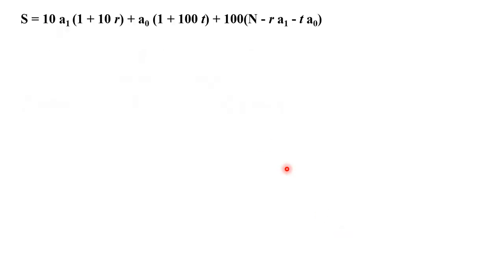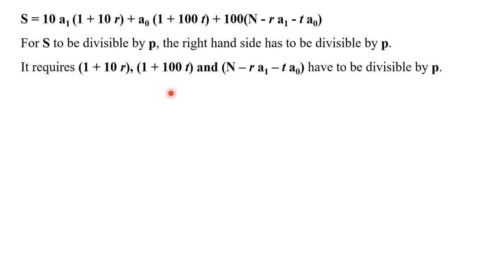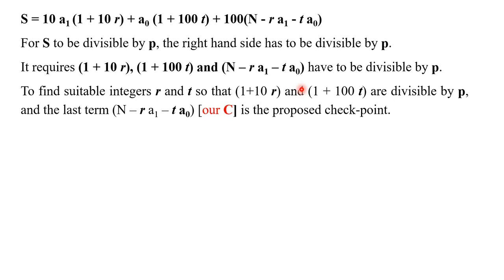So I have repeated it again, the last expression, and now we can say that S is to be divisible by P. The right hand side has to be divisible by P. Okay. Now it requires that all the terms, that means 1 plus 10R, this one, 1 plus 100T, this one, and N minus RA1 minus TA0, all these three have to be divisible by P. Okay, fine.